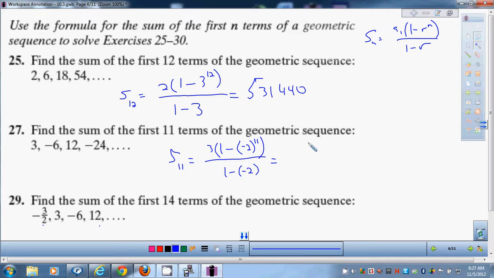Josh, what'd you get? 2,049. Anybody get something different than that? Good job. Any questions from this slide? Click.